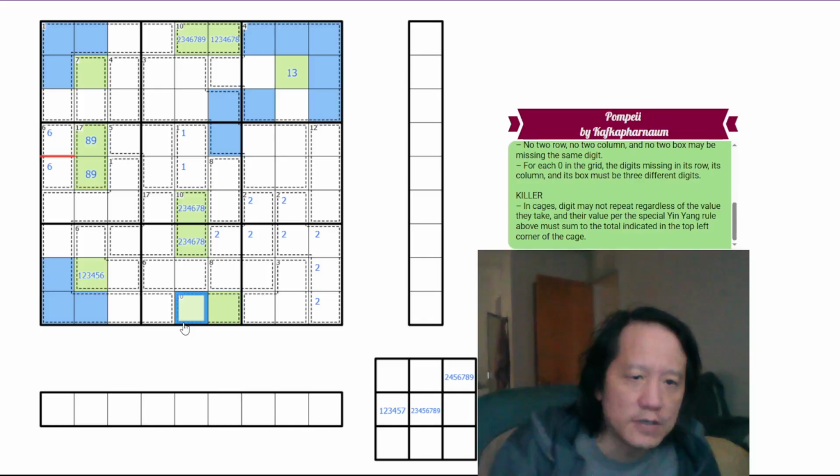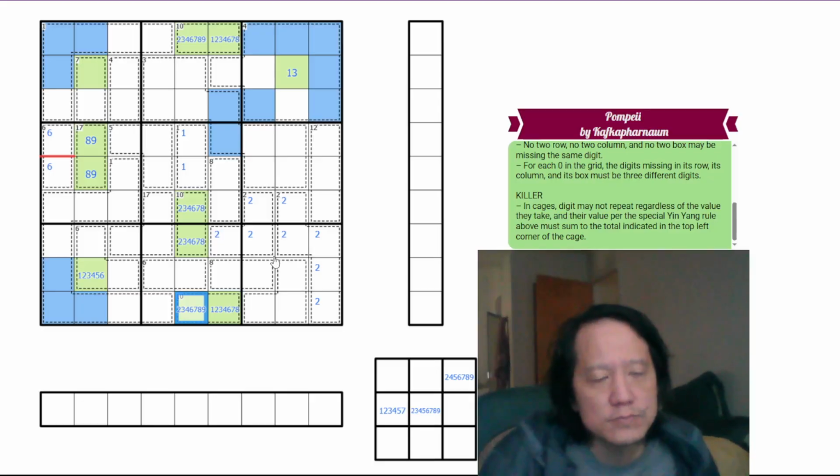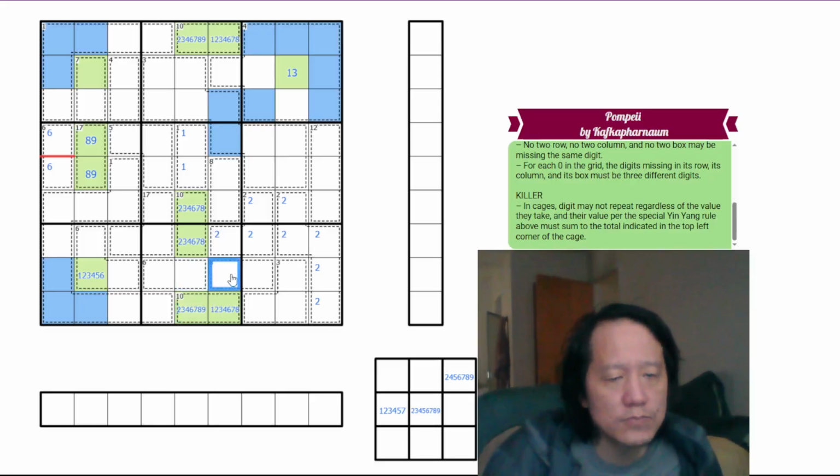So this is the same. 9 and 1, 2, 8, 3, 7, 4, 6. There has to be a 0 in every row and column.